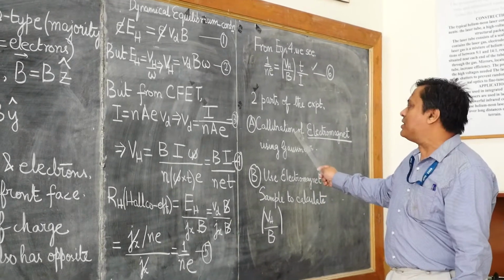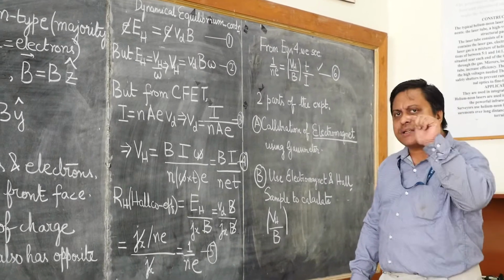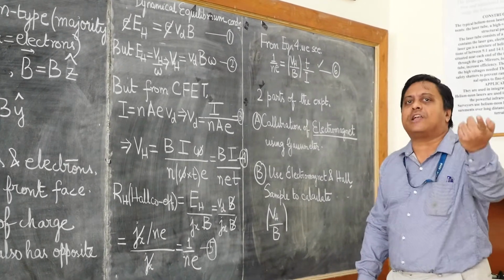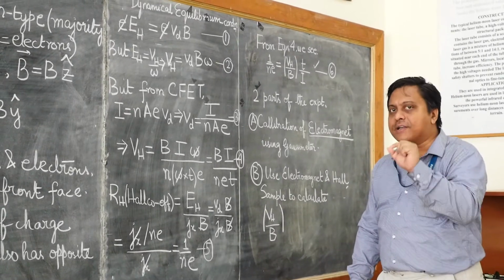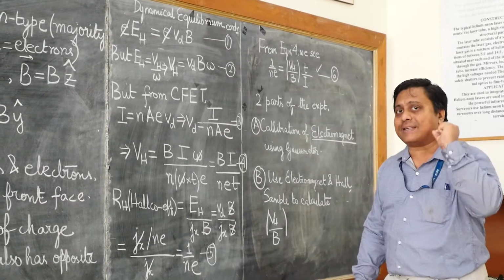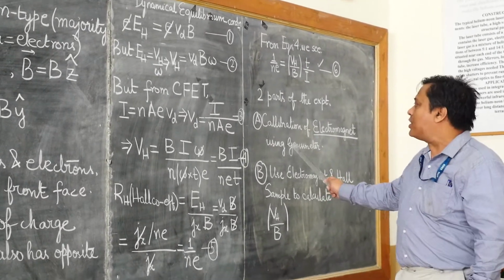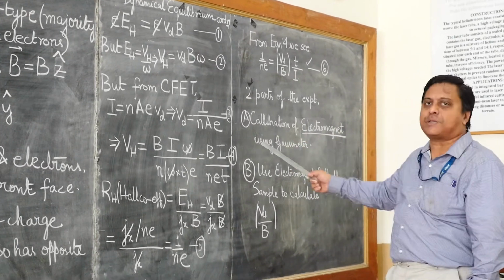This calibration basically means finding what magnetic field is generated for what current passed through the electromagnet. As you know, the magnetic field in an electromagnet is not permanent. It is generated or turned on because of the passing of the current. So it is important to know for what current, how much magnetic field is being generated. That is the purpose of the first part.